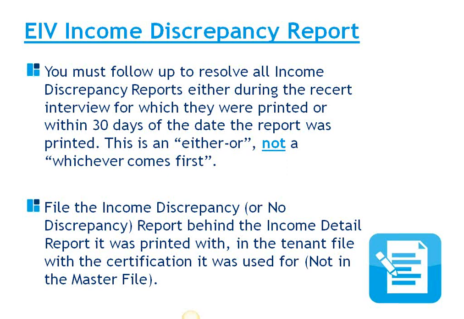By the time you finish the annual you were doing when you printed the discrepancy, you need to have it figured out. By the time you finish the interim that you were working on when you had to print the discrepancy, you have to have it figured out. It's not a hard and fast 30 days.